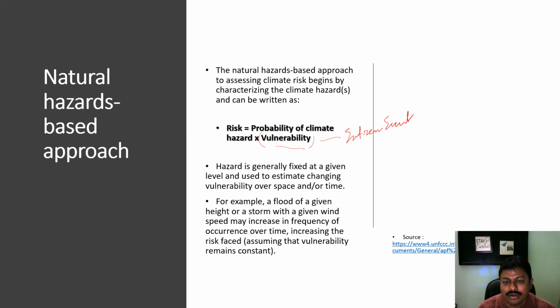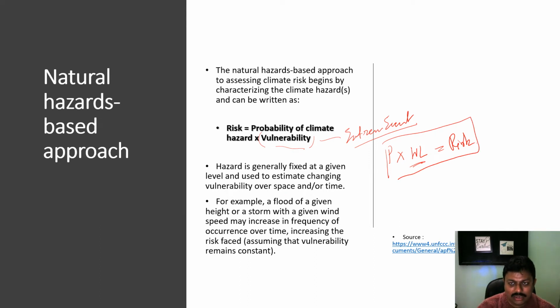So here vulnerability does not mean that we are considering the susceptibility, sensitivity of that location or the capability of that location to adapt to that vulnerable situation. This vulnerability indicates the intensity of the extreme event. So if I know the flood height, that means the water level due to flood, and we multiply it with the probability of that water level, then we get a risk. This is your natural hazard based approach.